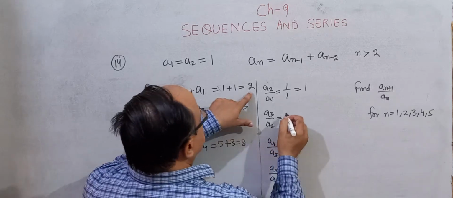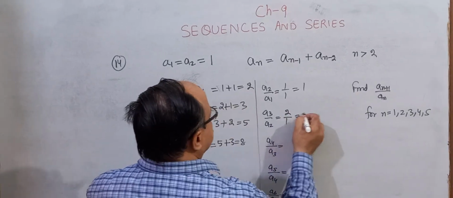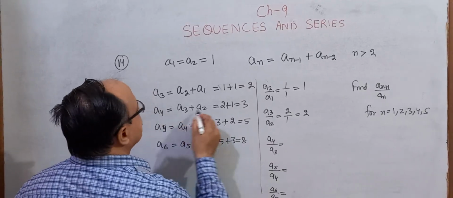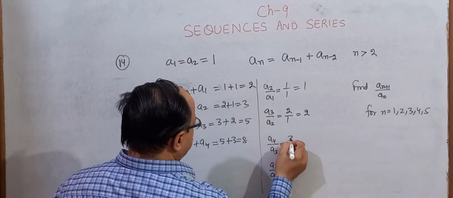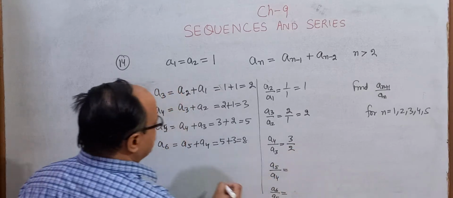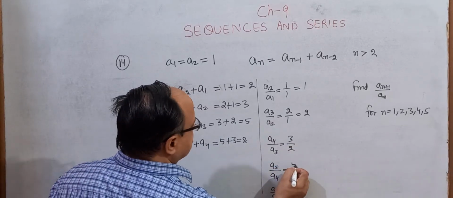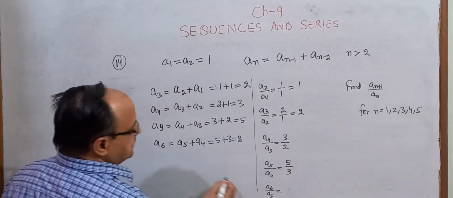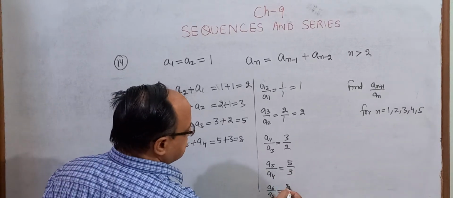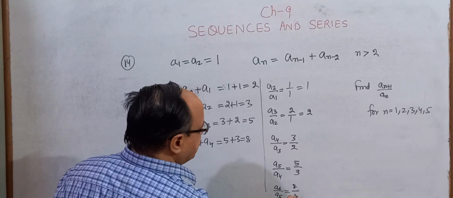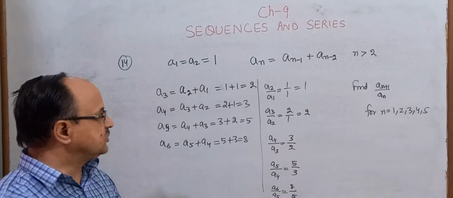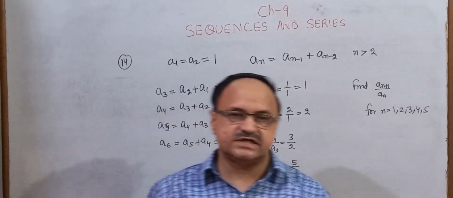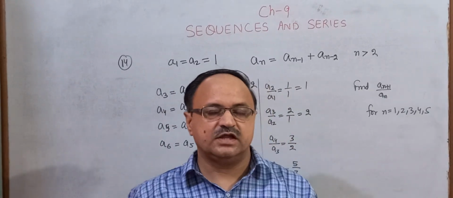A3 is 2, 2 by 1, that is 2. A4 is 3, 3 by 2. A5, 5 by 3. And A6 is 8, 8 by 5. This is the answer of this question. Clear? Revise this exercise. This is a basic exercise of sequence and series. Clear? Thank you.